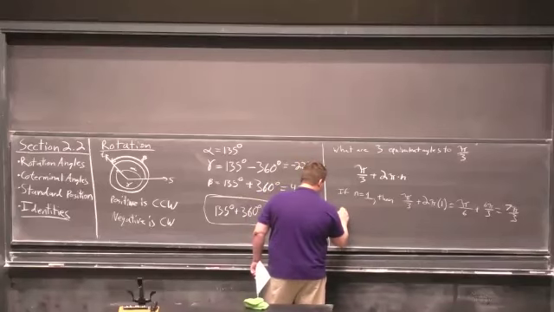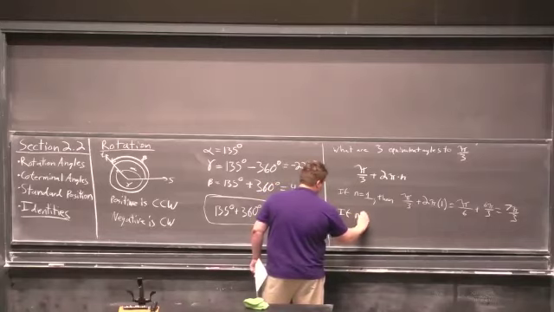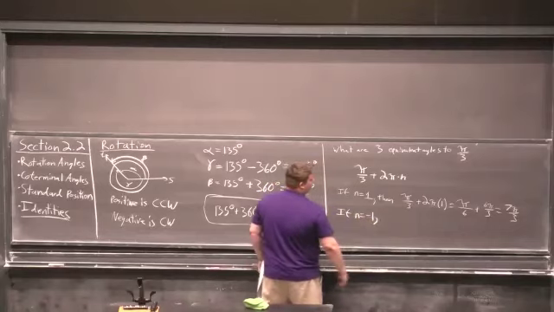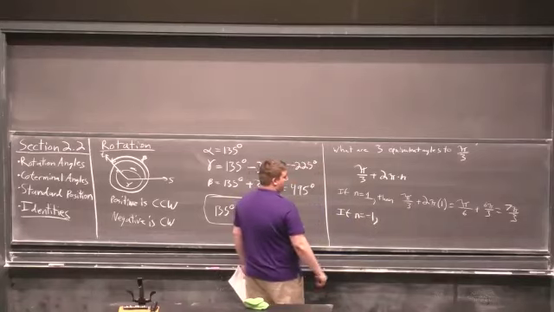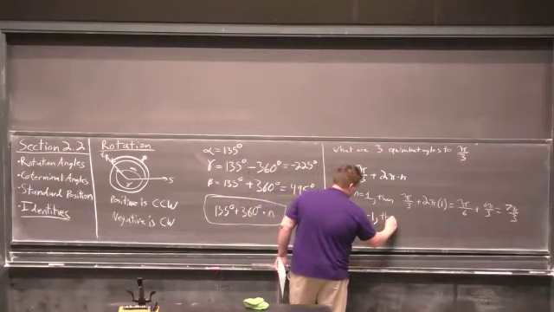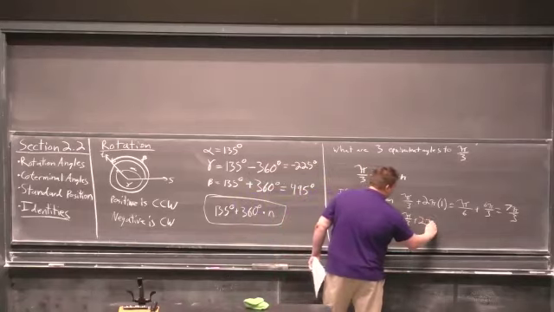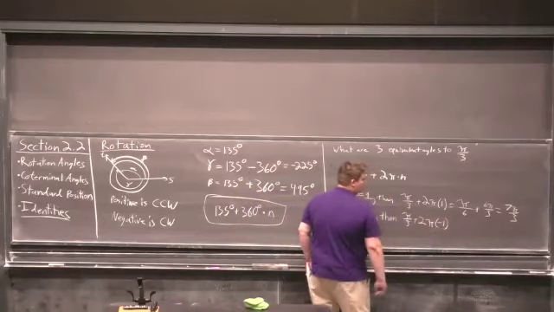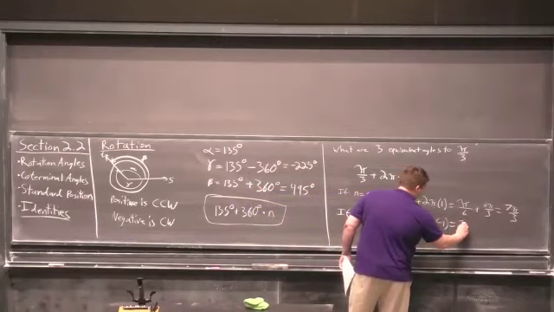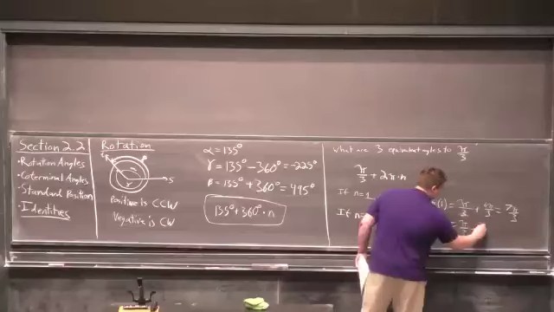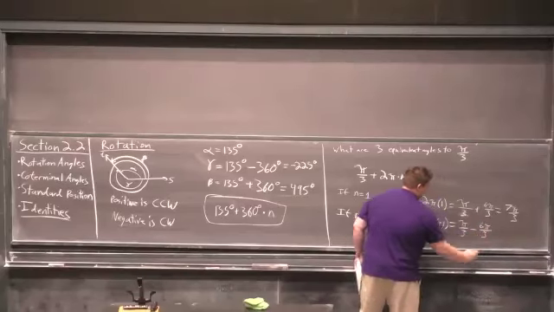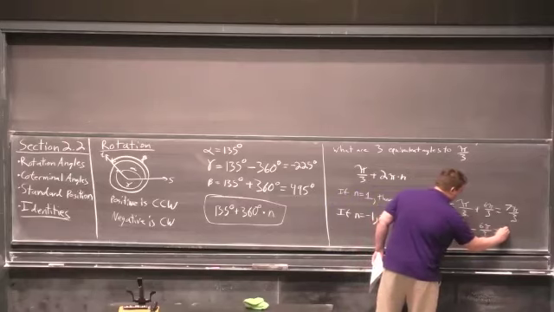Well, now let's try if n equals -1. We have pi over 3 plus 2 pi times -1. Well, that's really pi over 3 minus 6 pi over 3, which then would equal -5 pi over 3.